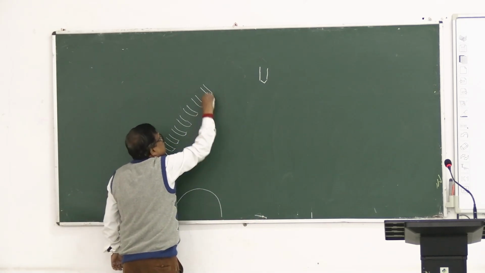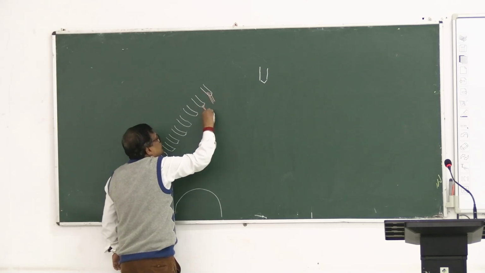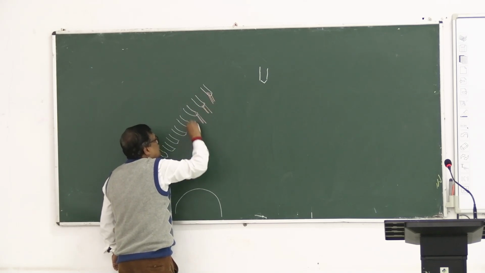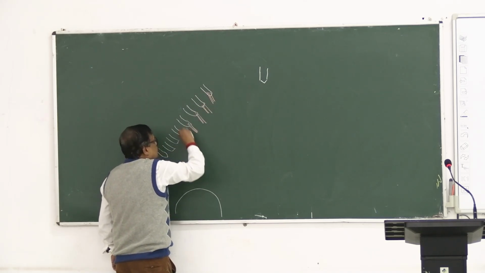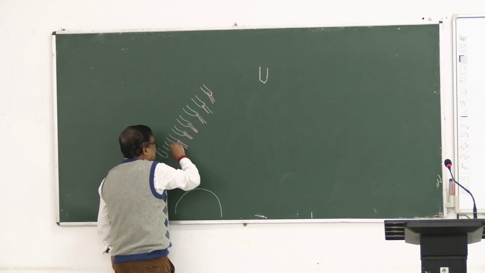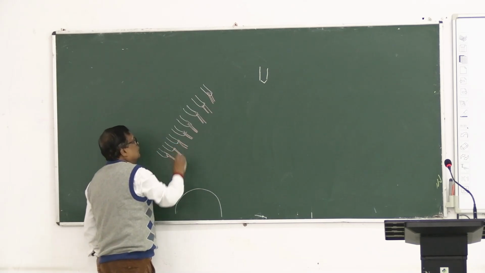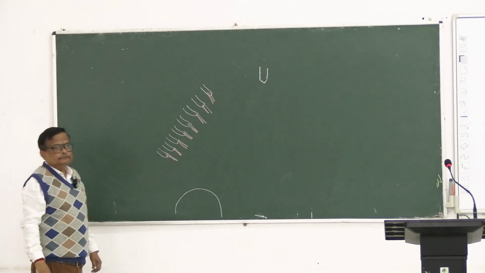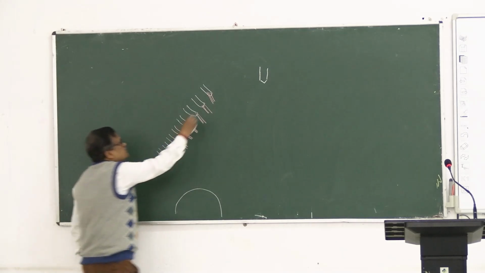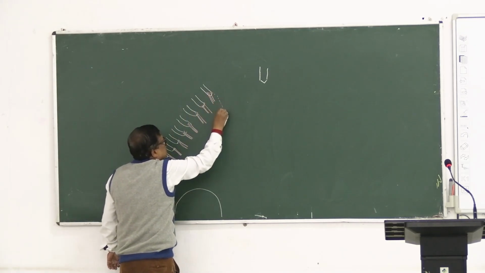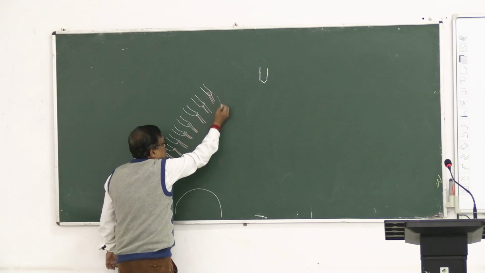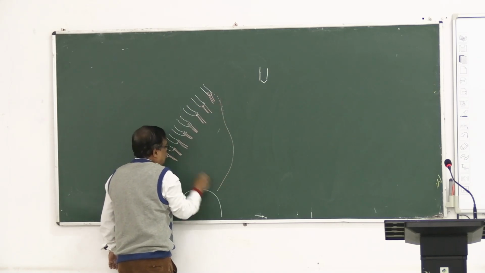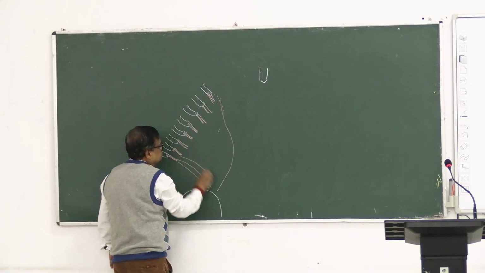So after their fleshy origin, from the 5th, 6th, 7th, 8th, 9th, 10th, 11th, and 12th ribs, they take their origin and they become muscular here.